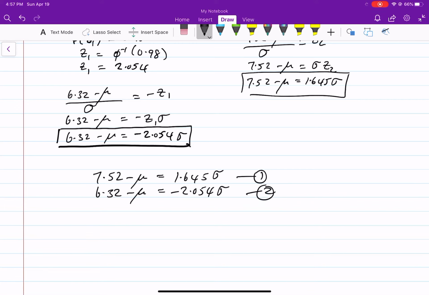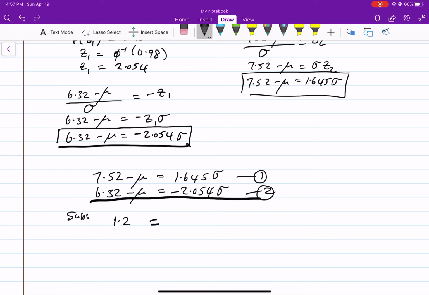I will subtract the two equations. That's 1.2, minus mu disappears, and minus gives you a plus on the other side.